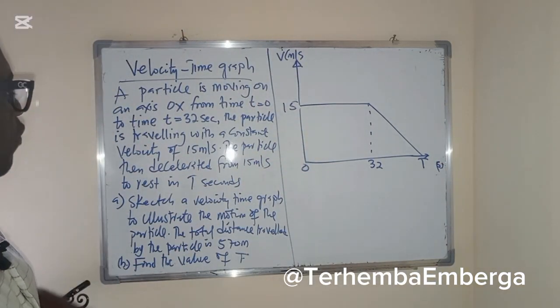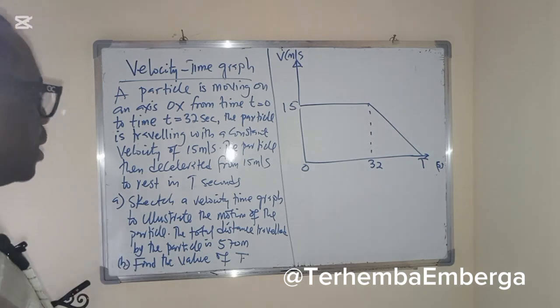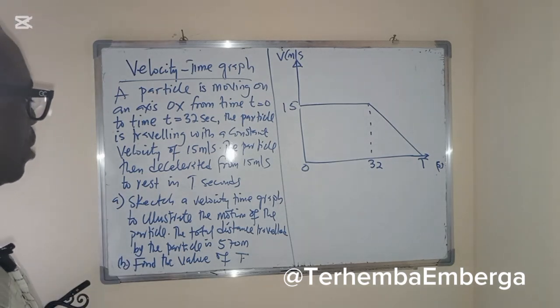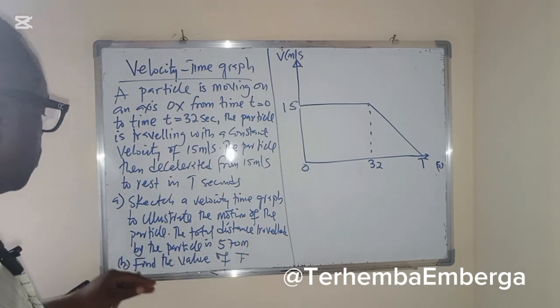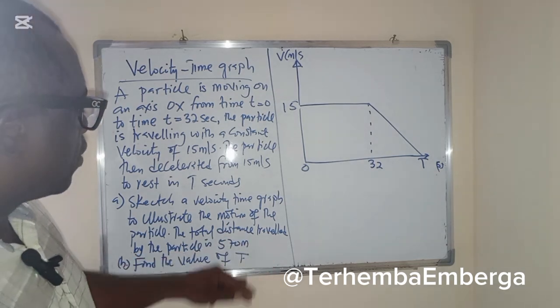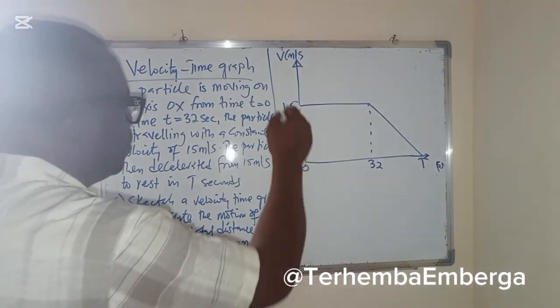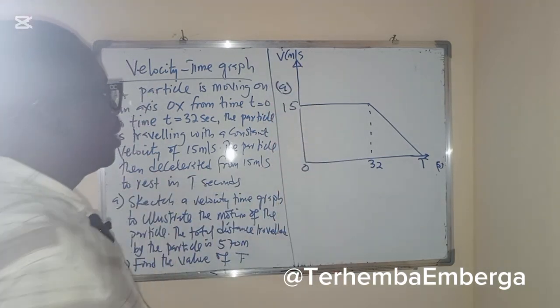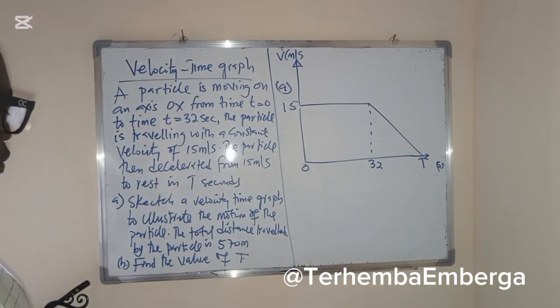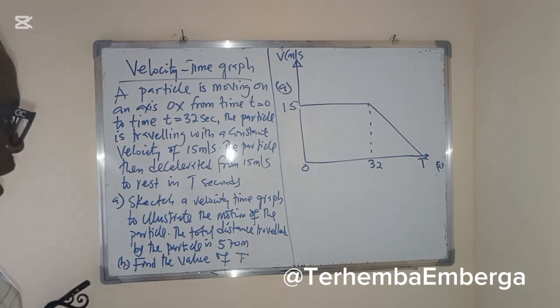So sketch the velocity time graph, which is this, to illustrate the motion of the particle. And the total distance traveled by the particle is 570 meters. We have done the first part, which is A. We have sketched the velocity time graph. Then the B part, find the value of t.